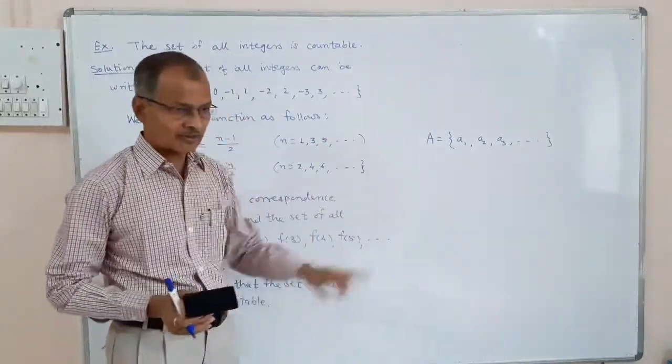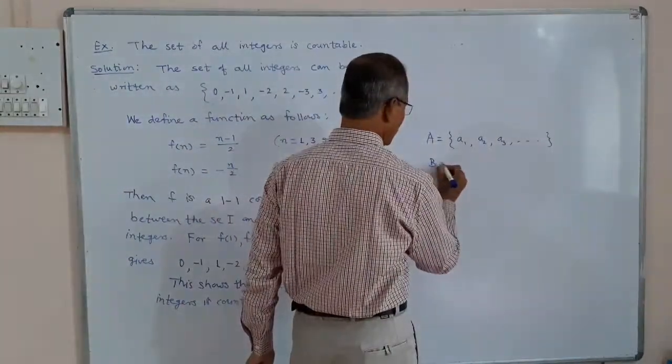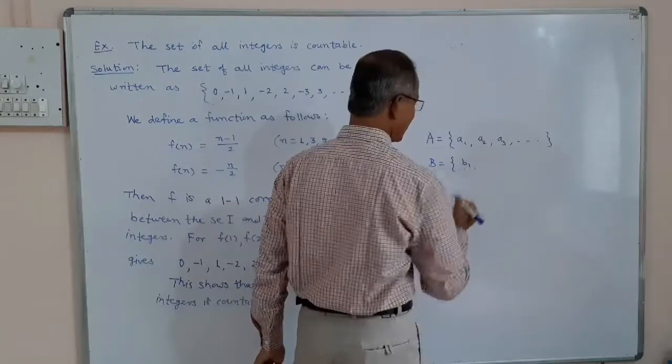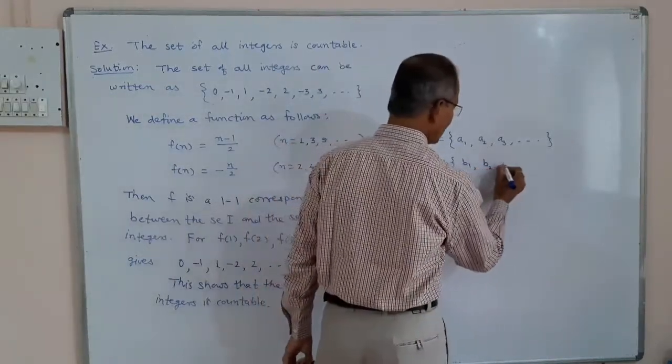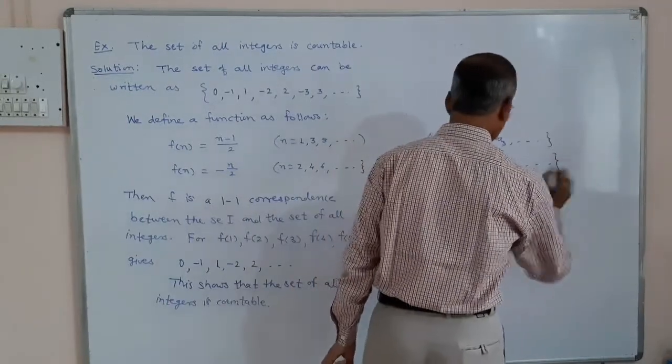A is countable because its elements are labeled. Now the elements of B we can write as B1, B2, B3, etc. So these are countable.